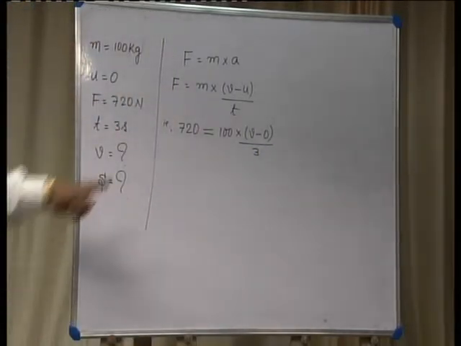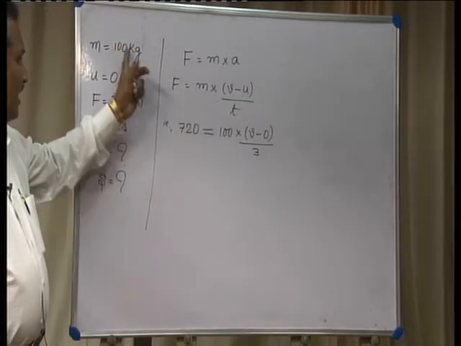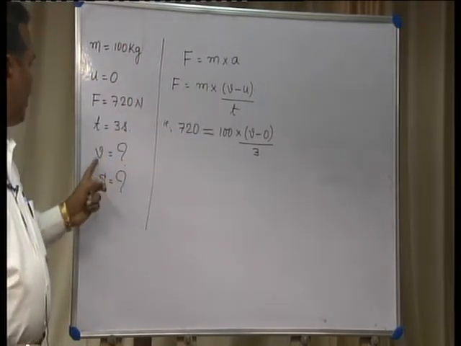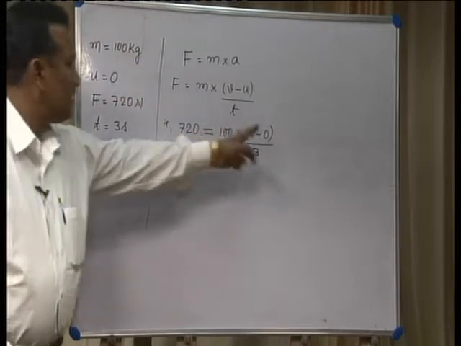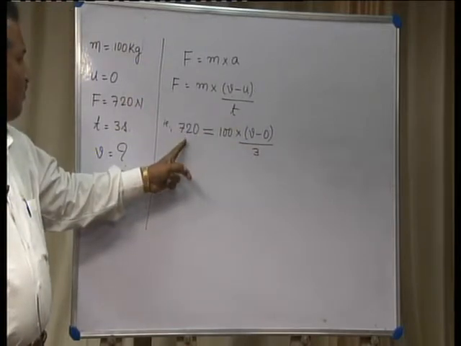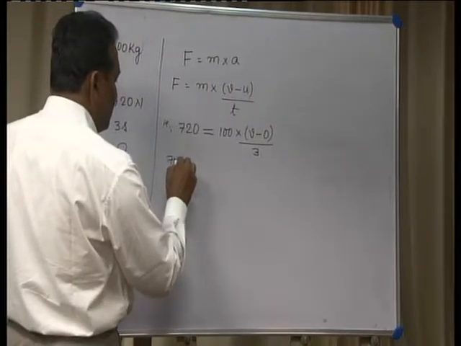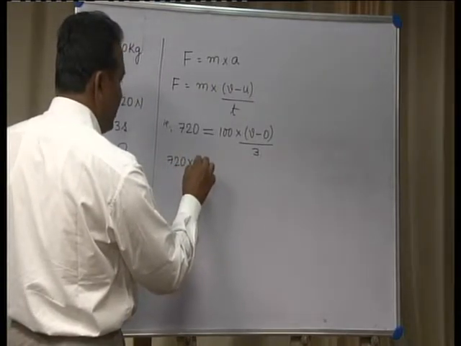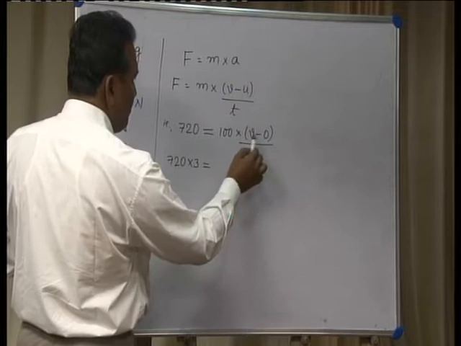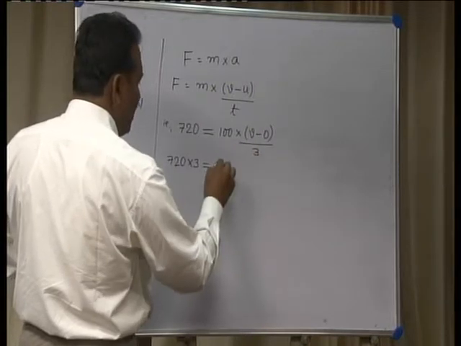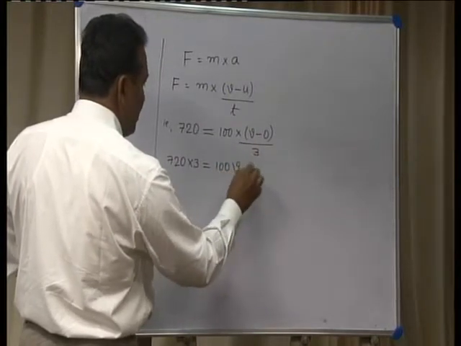Right. So t is 3 seconds, m is 100 kg, and v is required to find. The initial velocity is 0, and the applied force on it for 3 seconds is 720. So you just cross multiply it: 720 into 3 is equal to v minus 0, which is v, into 100, so 100 v.